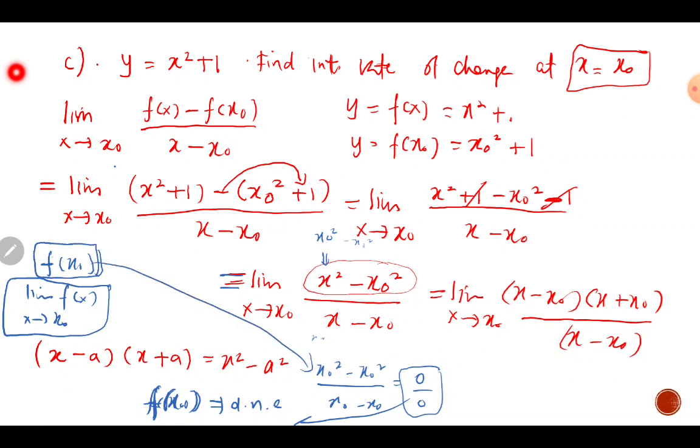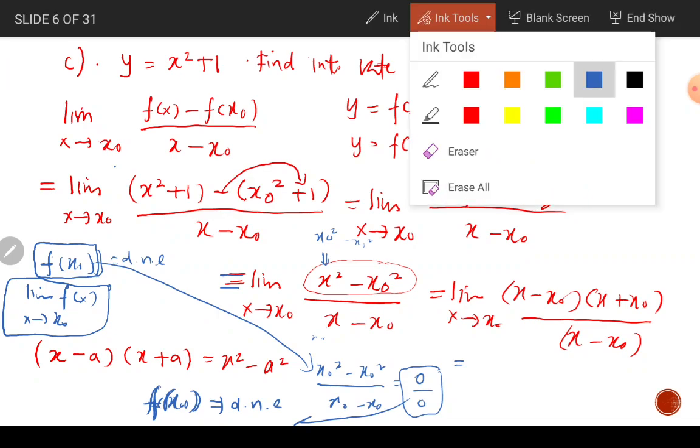So for this case, f of x naught does not exist. That's why kita dapat kosong over kosong. However, for the limit, if you direct ganti, you dapat kosong over kosong. It gives us a hint that actually the limit does exist, provided you have to do something.